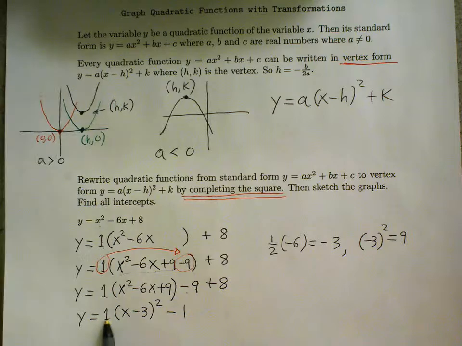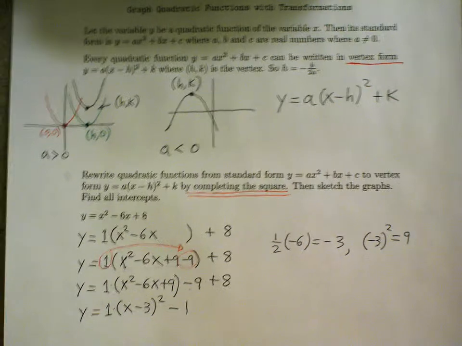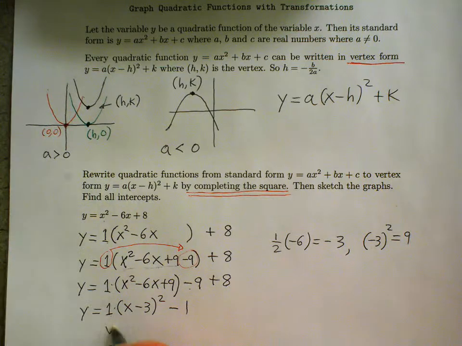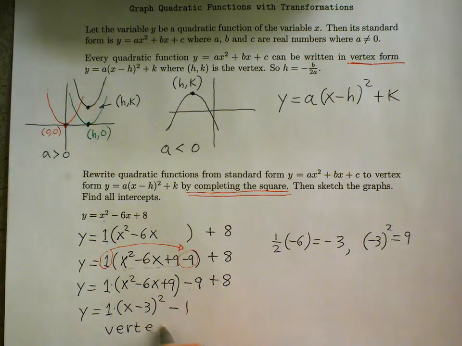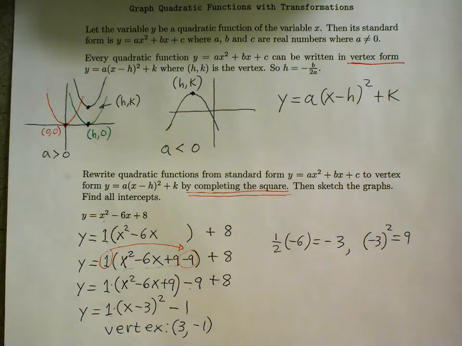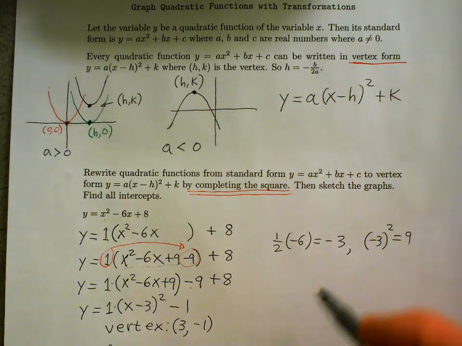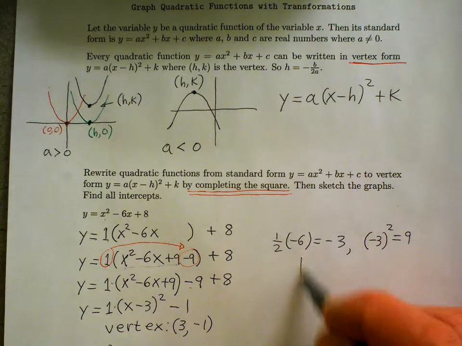When the leading coefficient is 1, you don't need to write it, but I'm just writing it here to illustrate what we do in general. Okay, so the vertex is the ordered pair 3 for x and -1 for y. Okay, so 3, -1 is the vertex.